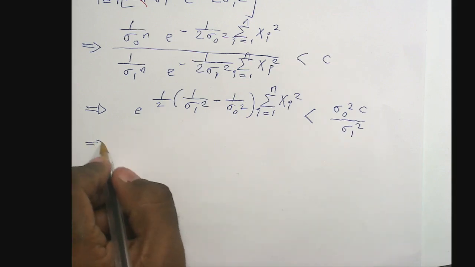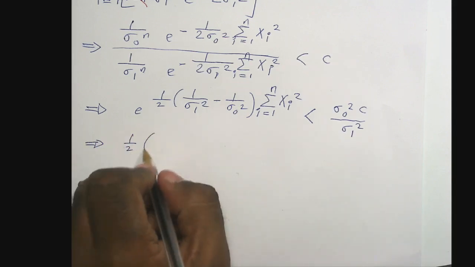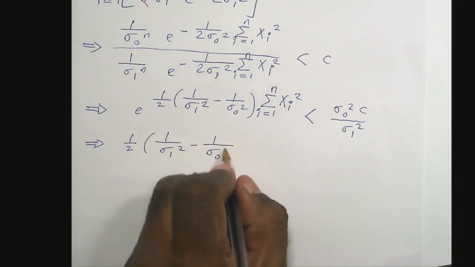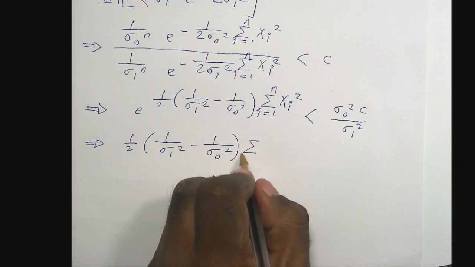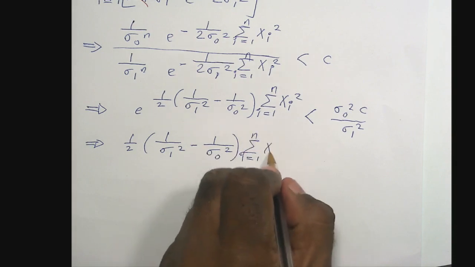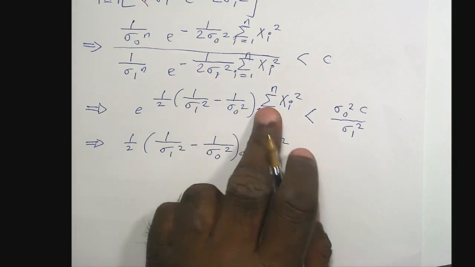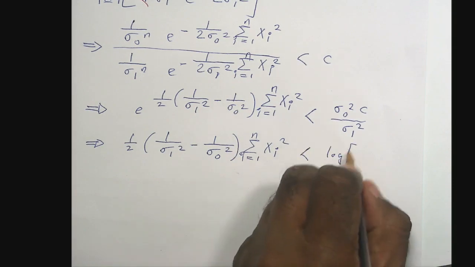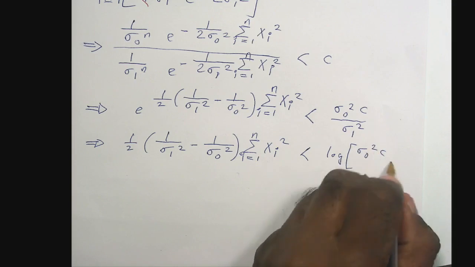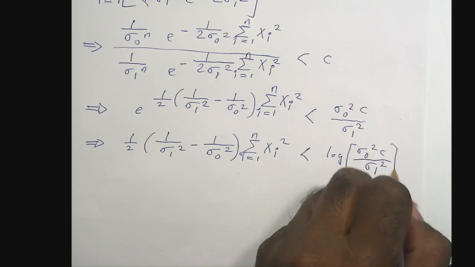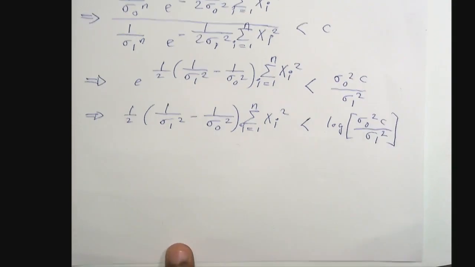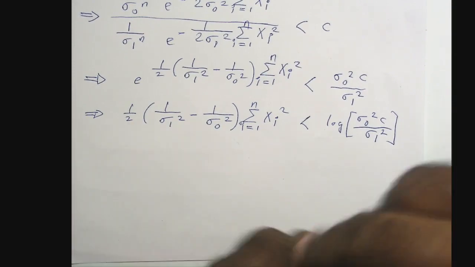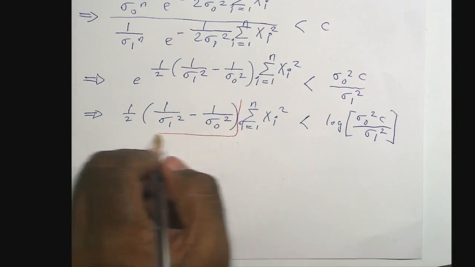So that will give you one half of the log of the left hand side, which is equal to this, and the log of the right hand side. In the next step, I'm going to divide both sides by this factor here.